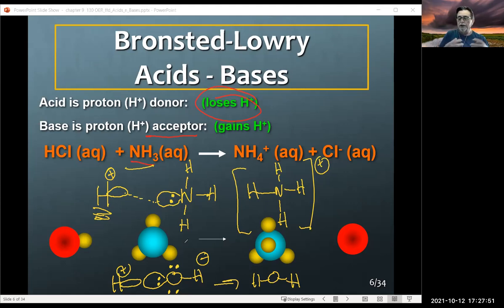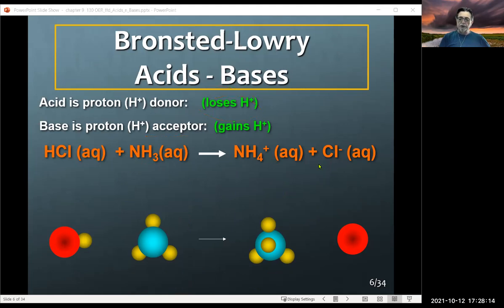But Bronsted-Lowry now allowed a lot more different compounds to be classified as bases, whereas before it was kind of narrow, with the base only being defined as any compound that produces a hydroxide. Okay, so that is the main difference between the two. So the ammonia here gains the proton, and obviously hydrochloric acid is producing a proton, losing a proton, either way you look at it.